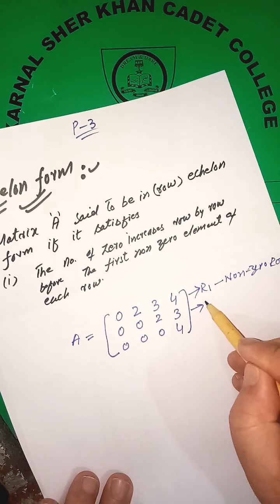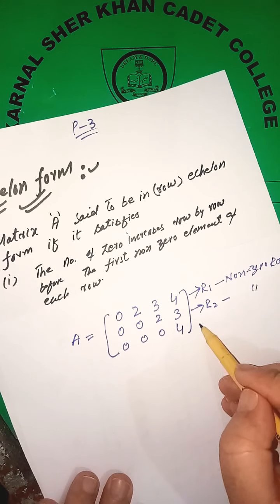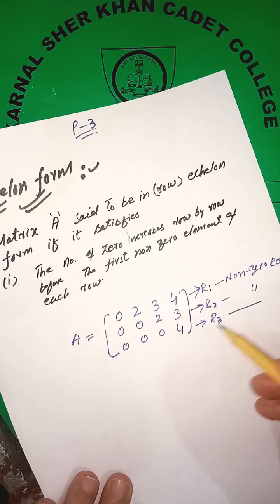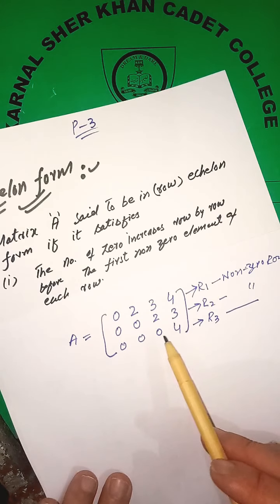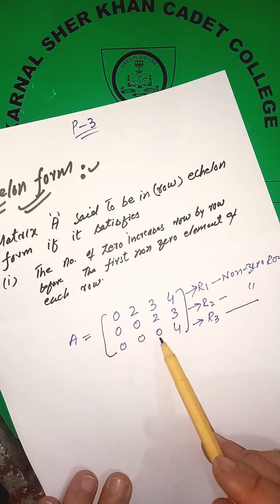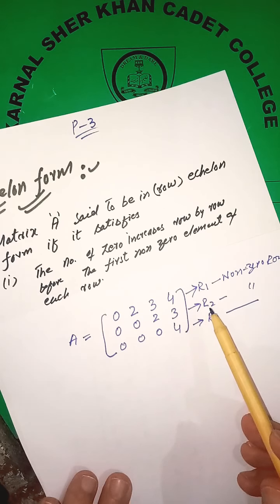That is R2, a non-zero row. That is R3, a non-zero row, because they have some non-zero element; not all the elements of each row are 0. If all elements of a row are 0, then this is called a zero row.